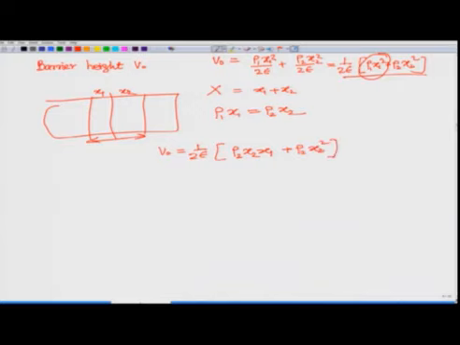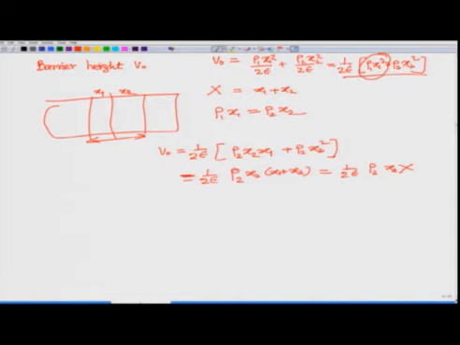That is 1 over 2 epsilon, and then you can take rho 2 and x 2 common, leaving x 1 plus x 2, which gives 1 over 2 epsilon times rho 2 times x 2 times capital X.